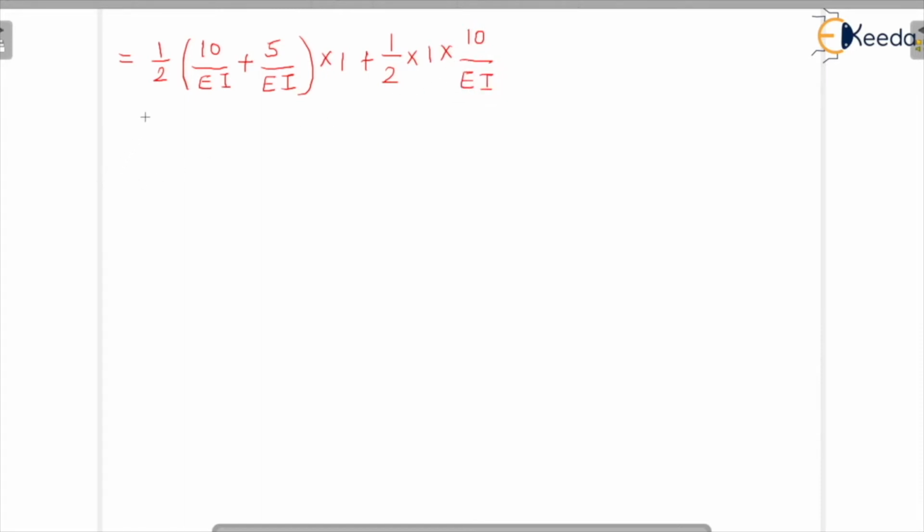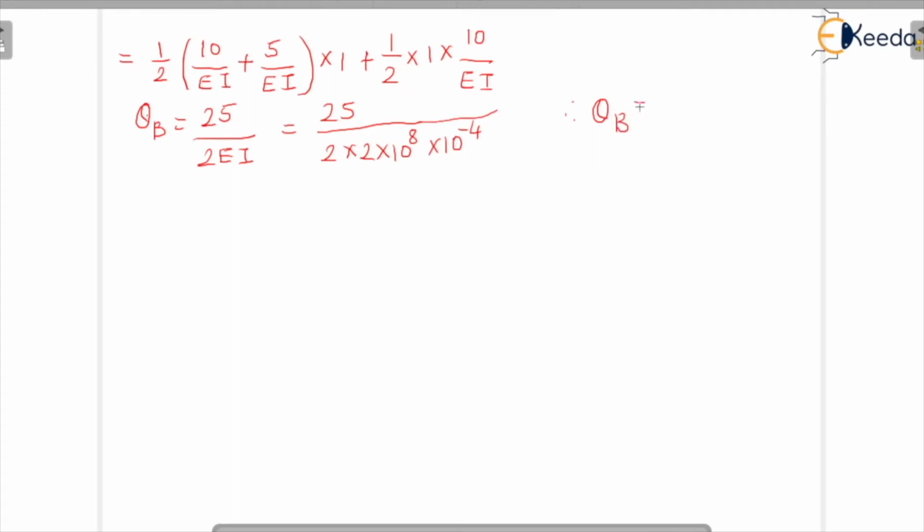So when we solve this, we arrive at theta b equal to 25 by 2EI. 25 by 2 into E, which is 2 into 10 power 8, into 10 power minus 4. So we are getting the slope equal to 0.000625 radians.